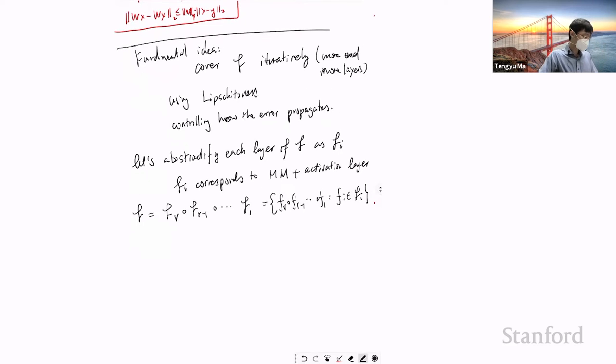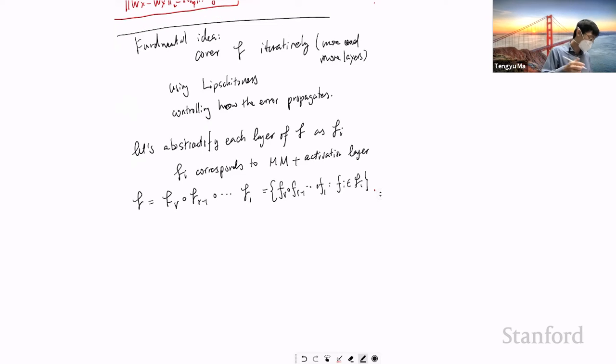This abstraction will allow us to have much cleaner notation. But fundamentally, you should just think of each of the fi's as a layer. Suppose, as preparation, that every little fi in capital Fi is kappa i Lipschitz.